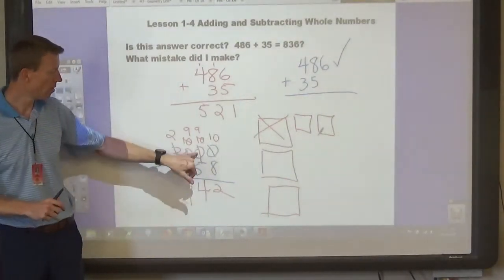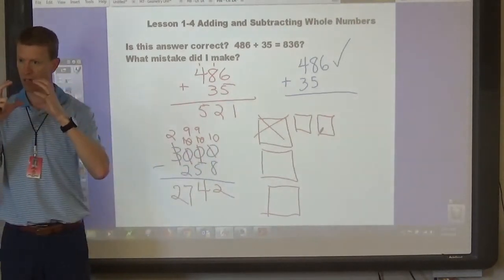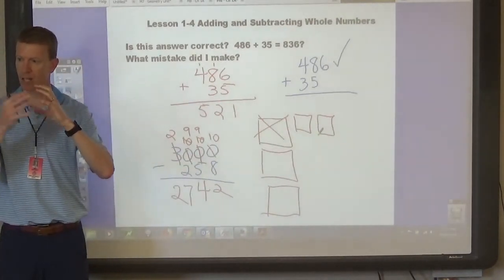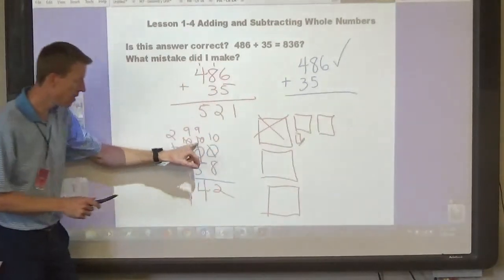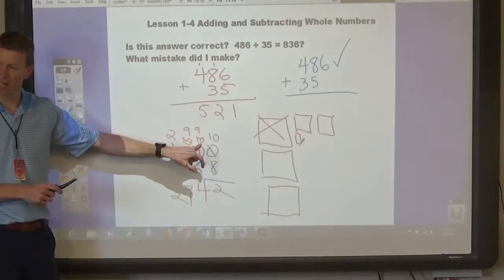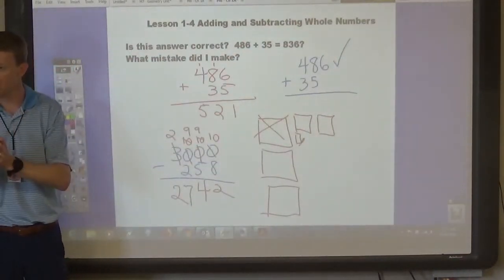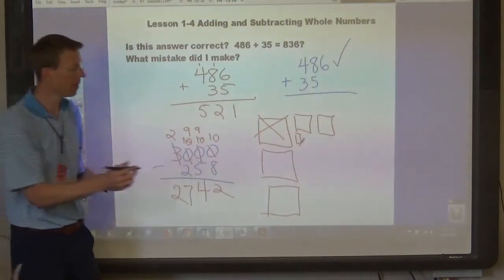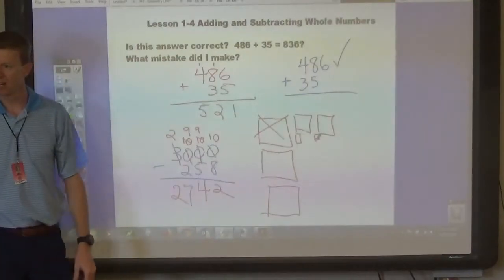And we need to use one of those to make tens. So we take one of those hundreds and then cut that up into a bunch of tens. 10 tens. Okay? But then we also need some ones. So then we take one of those tens and we break that up into little pieces. 10 ones.